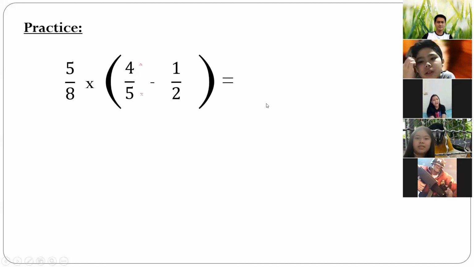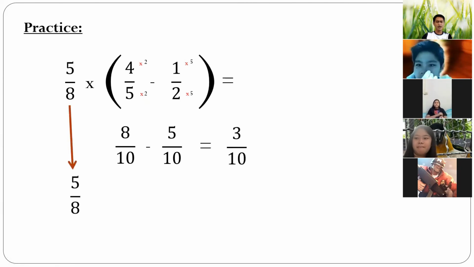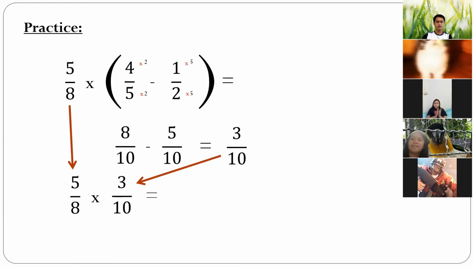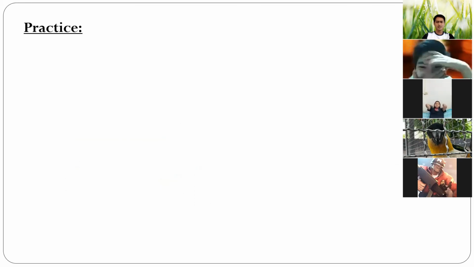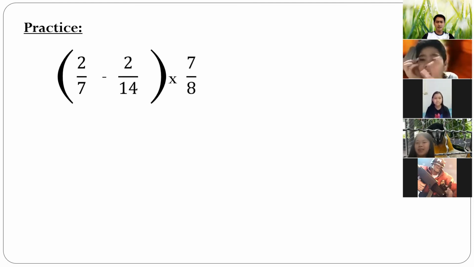Okay, let's find out. Common denominator is 10. 8 over 10 minus 5 over 10 equals 3 over 10. 5 over 8 times 3 over 10. Cancel. So we have 3 over 16. Very good. Next, 2 over 7 minus 2 over 14 times 7 over 8.